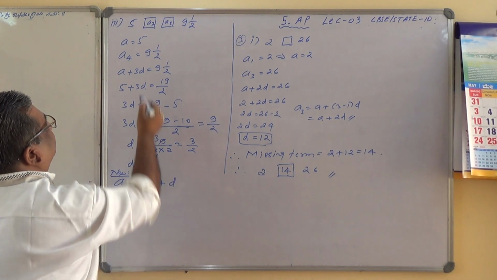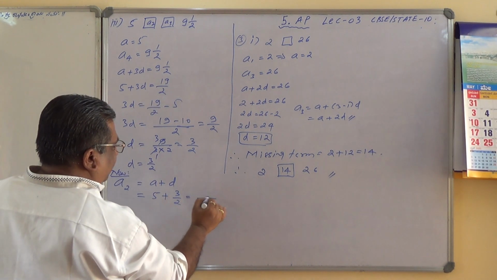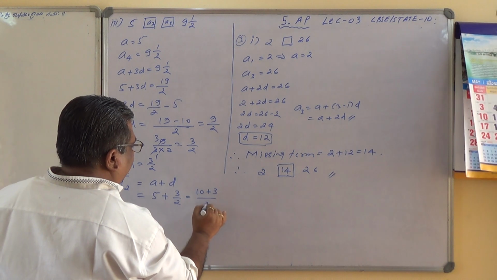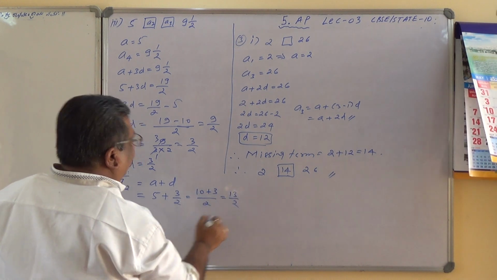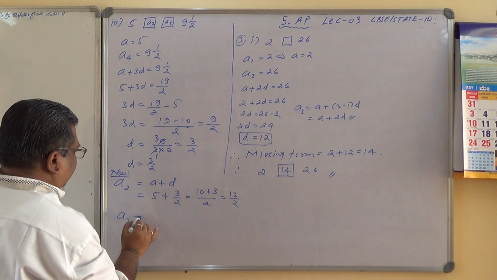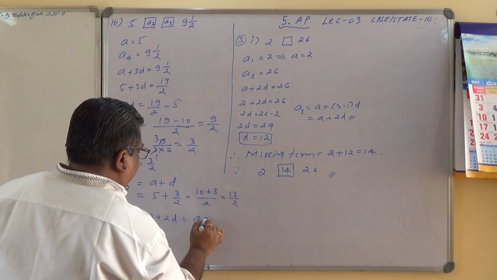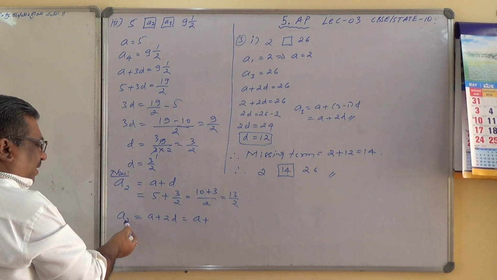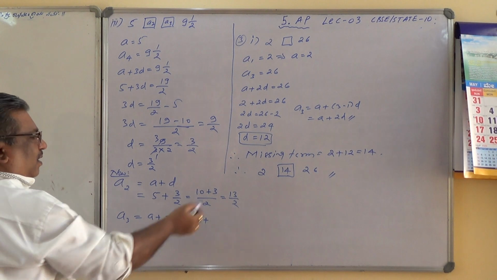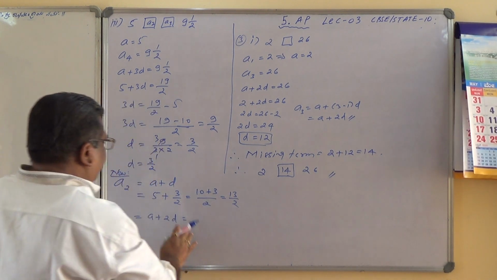What is A? 5 plus 3 by 2, which equals 10 plus 3 by 2, which is 13 by 2. So A2 is 13 by 2 here. A3 equals A plus 2D. Do you understand? Even if you add the common difference you will get it.